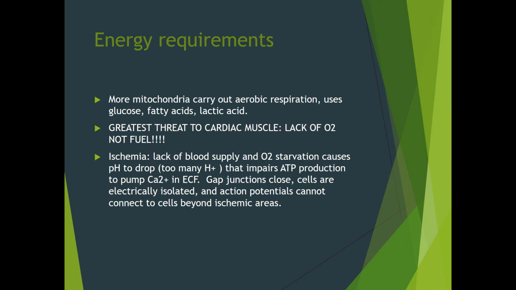But if they are deprived of oxygen, then that's where it will want to go into anaerobic respiration. But we don't want that to happen. And so when we have ischemia and we don't have enough O2, then we're going to get a drop in pH that will impair our ATP production, and we can't pump the calcium back out, either into the sarcoplasmic reticulum or back out of the cell, and then our gap junctions won't work, and our cells become electrically isolated.